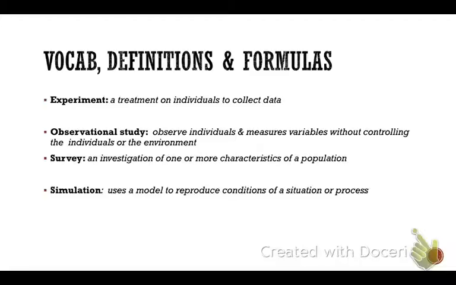You're just observing. You can give a survey, which is an investigation of one or more characteristics of a population using questions. You can also hold a simulation, which uses a model to reproduce conditions of a situation or process. And depending on what you're studying, one of these types may be better or worse than the other.